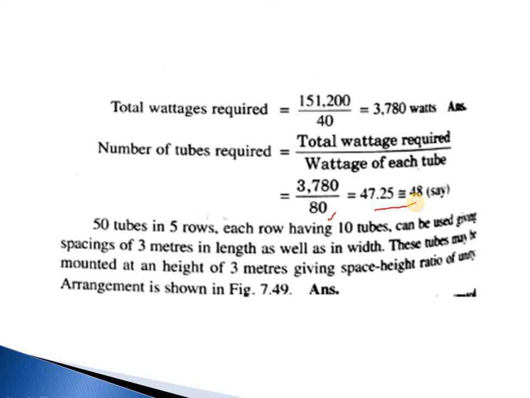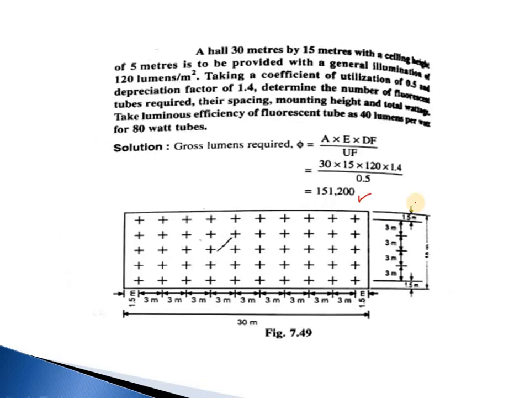So 50 tubes in 5 rows, each row having 10 tubes, can be used, giving 3 meters spacing in the length of the hall as well as in the width. These tubes may be mounted at a height of 3 meters, giving a space height ratio of unity, as per the arrangement shown in the figure. This arrangement will be as per your requirement. You can make your own arrangement as best as possible.